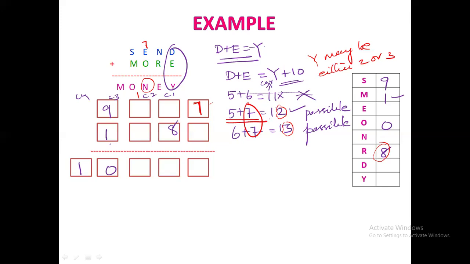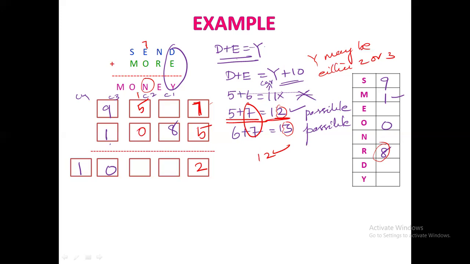Automatically we are finding E, we are assigning the value is equal to 7 plus 5. If you are adding, you are getting 12. So the 2 is possible. Where the another E is available, here I am going to substitute 5, and here the 0 value.